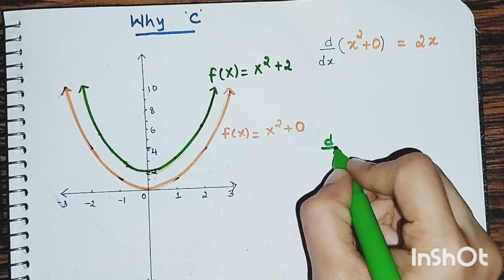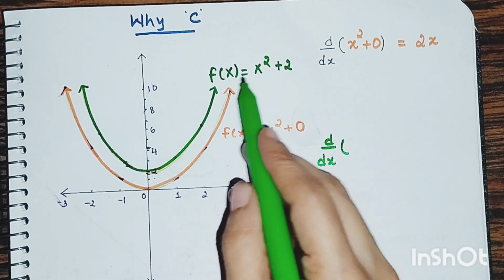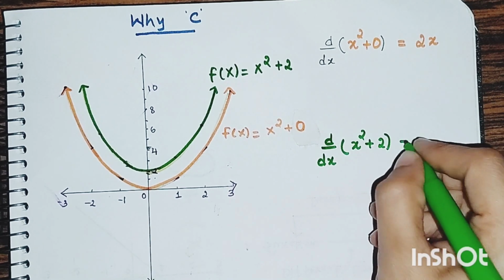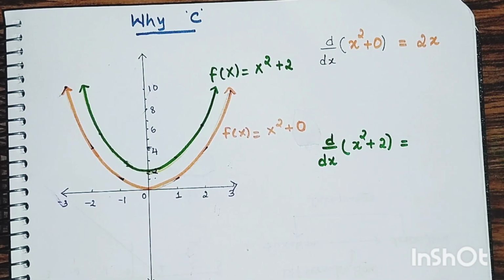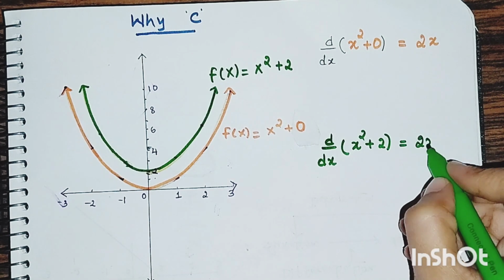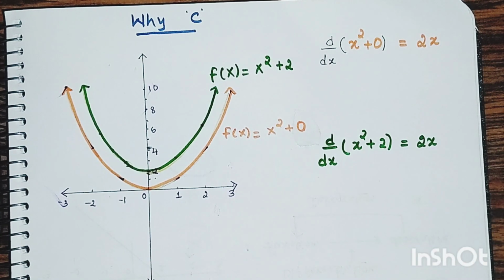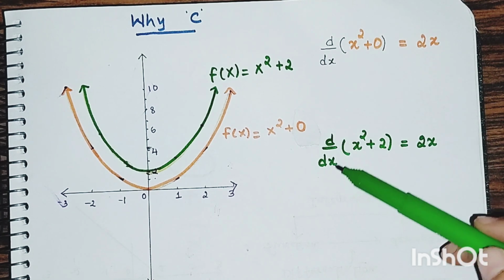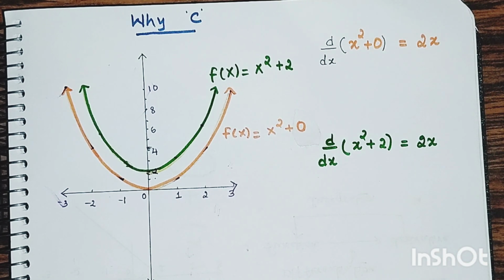Now we'll differentiate this function x square plus 2. If you differentiate x square plus 2, what are you going to get? This will be 2x, and the derivative of 2, a constant, is 0. See, both of them got the same value. The derivative of x square is 2x. The derivative of x square plus 2 is also 2x.